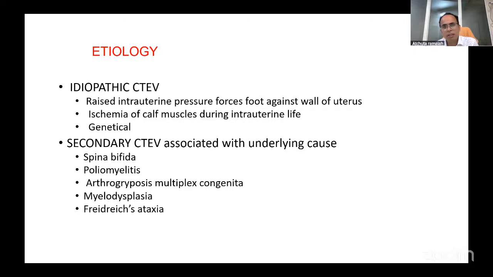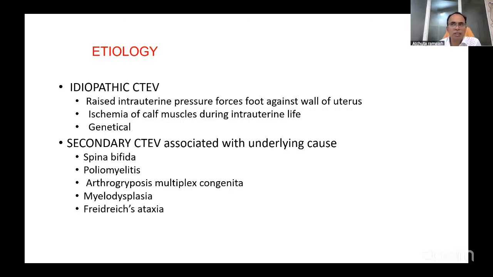Secondary CTEV is associated with a primary deformity-causing factor somewhere else, like spina bifida, where the spinal elements which supply the foot are involved.